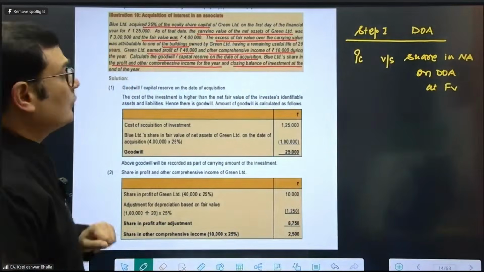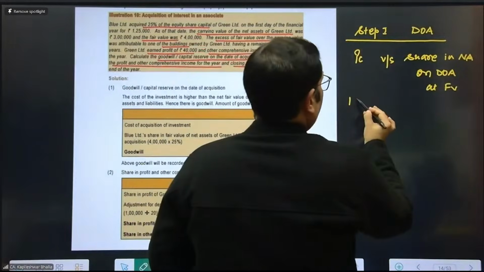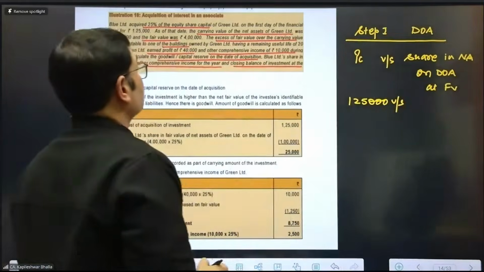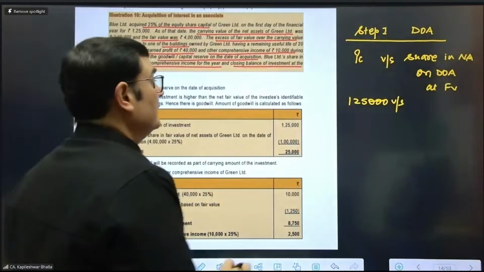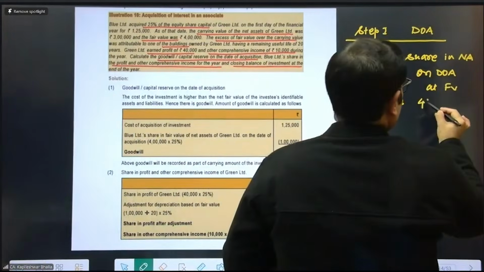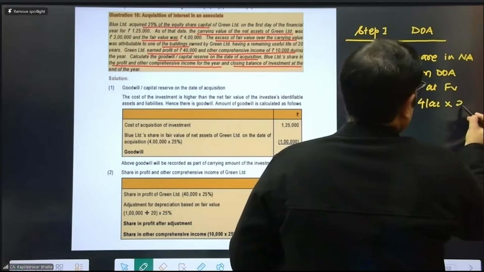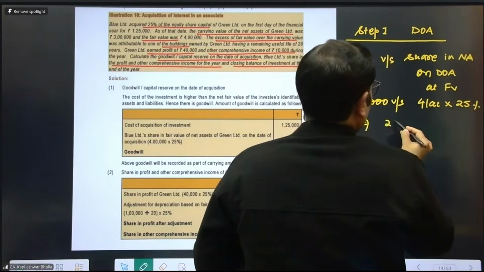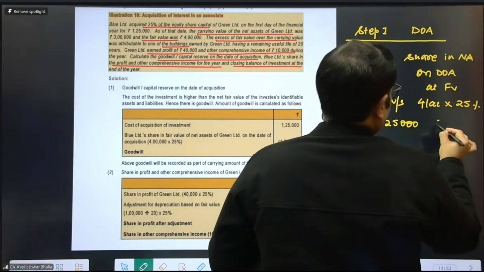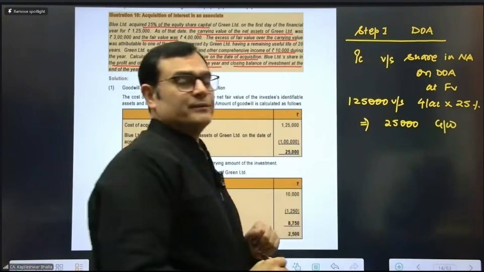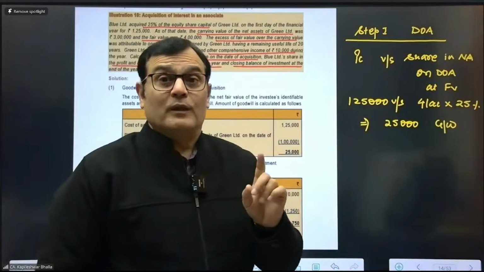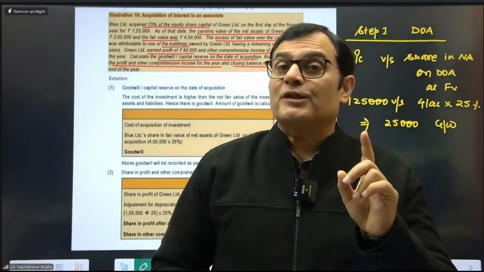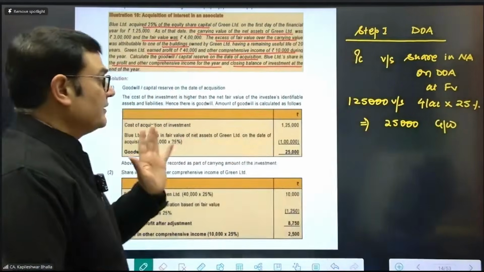Now we acquired 25% shares at 1,25,000. And if you compare the share in the net assets at a fair value, this is 4 lakhs is the net assets into 25% share, that is 1 lakh. So we get 25,000. That excess is what we call goodwill. And this goodwill is going to be a part of the carrying value of the investment and not a separate line item. That is done.